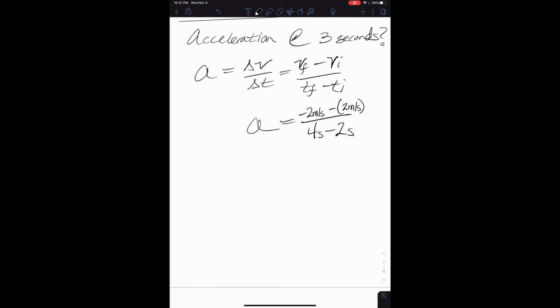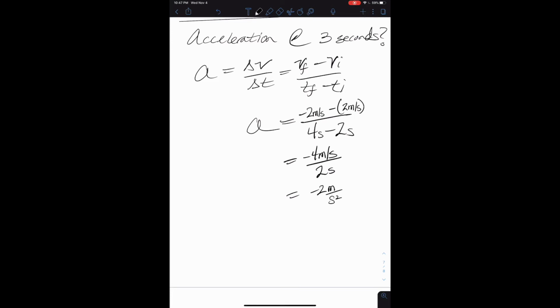What's -2 minus 2? That would be -4, divided by 2 seconds. Negative 4 over 2 is equal to negative 2 meters per second squared.